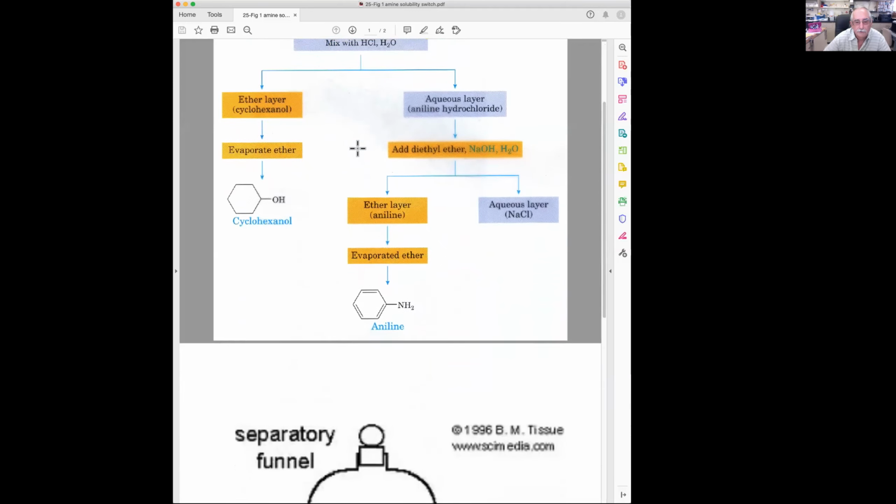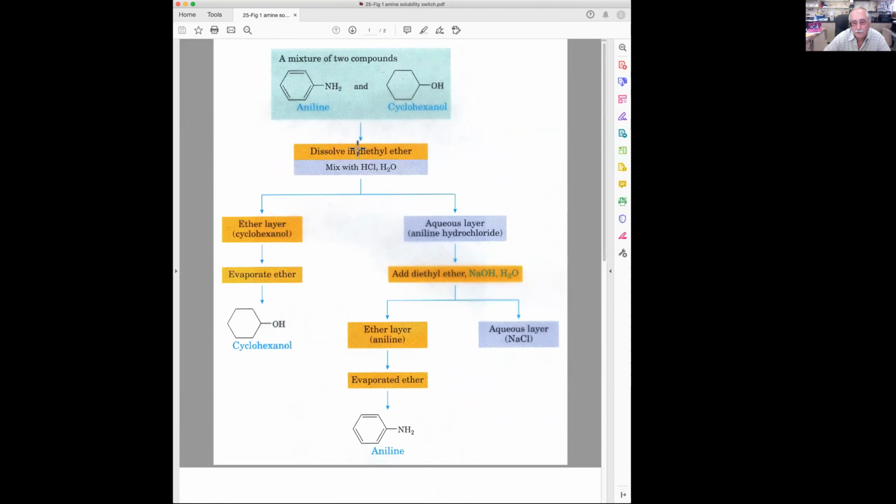So this is a typical thing that we do in the organic chemistry lab. Say you have a mixture of two compounds and you want to separate them. What you do is you dissolve them in diethyl ether, which is really good at dissolving a little bit of polar and a little bit of non-polar solvents. And then you add some water with hydrochloric acid in it, some acidic water.